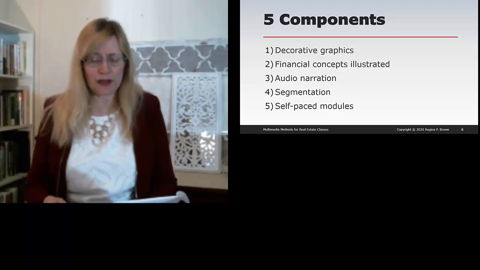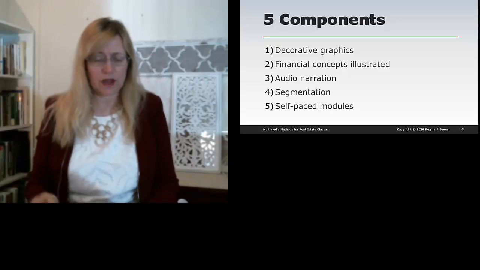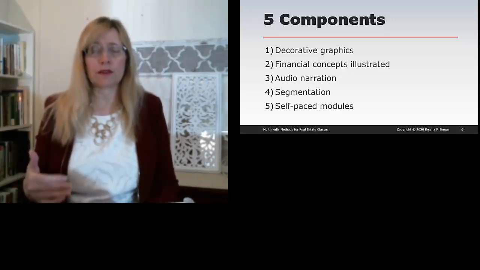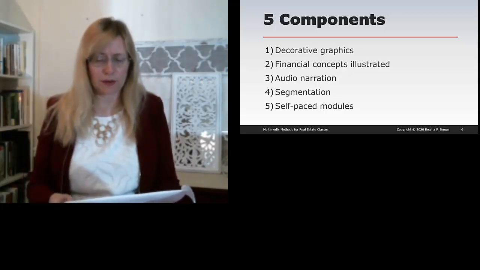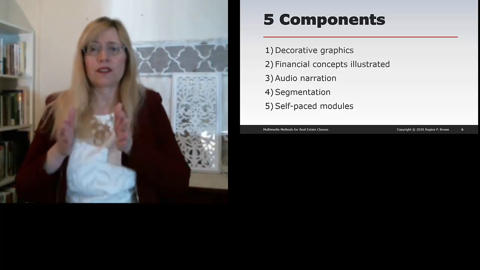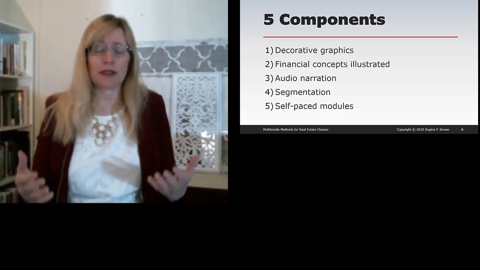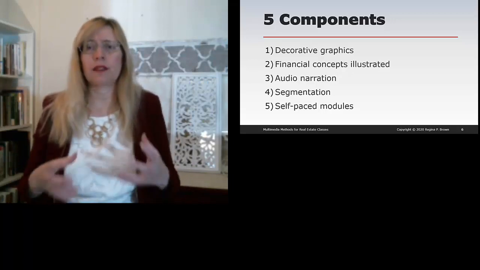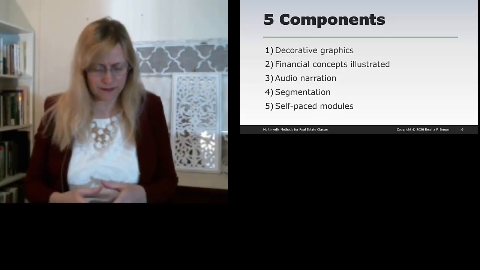Number 2 are financial concepts illustrated with the application of graphs and graphics and charts. Number 3 is audio narration with limited on-screen text. Number 4 is segmentation of concepts presented in short, digestible clips. And number 5 is self-pacing by the students themselves, so they have the time and space to cognitively process each concept before moving on to the next one.